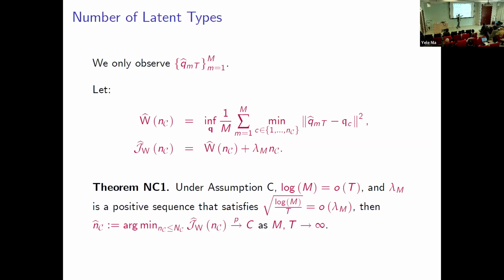And this condition here captures the estimation error that we use to replace the infeasible true probabilities with the estimated one. So as long as the penalty term dominates this, then it doesn't affect the infeasible argument that I just made. So this allows us to identify the number of types.